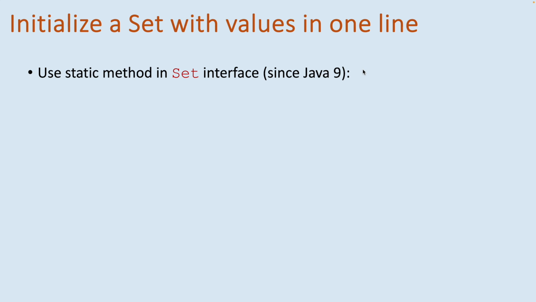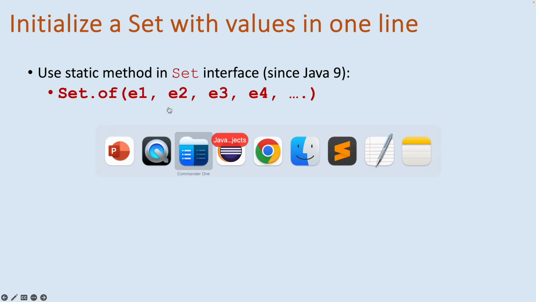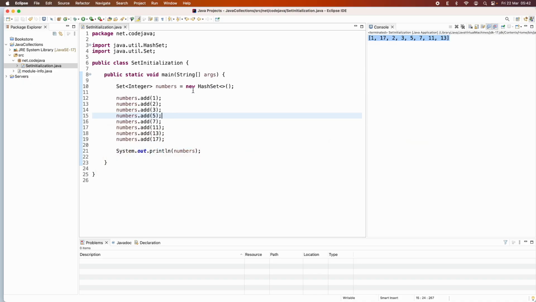Okay, to initialize a set collection with some values in one line, you can use the static method in the Set interface since Java version 9, Set.of, and then you can specify any number of elements, as many elements as you wish to. Now let me show you how to update this code.